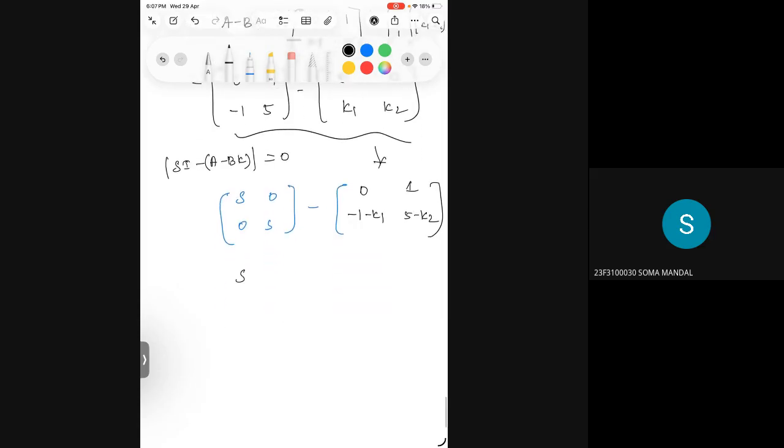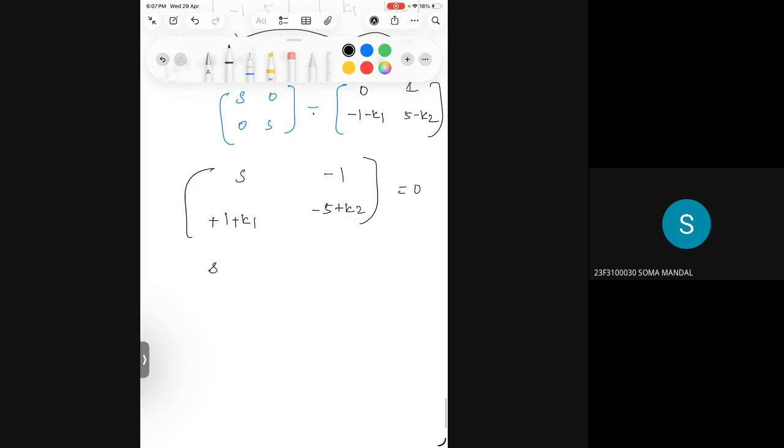So now this will be s and minus 1, then plus 1 plus k1, sorry, plus, because there is a minus here. And this will be s minus 5 plus k2. So this is the overall matrix. Finding the determinant of this will give me s into (minus 5 plus k2) minus of (minus 1) into (1 plus k1) equal to 0.